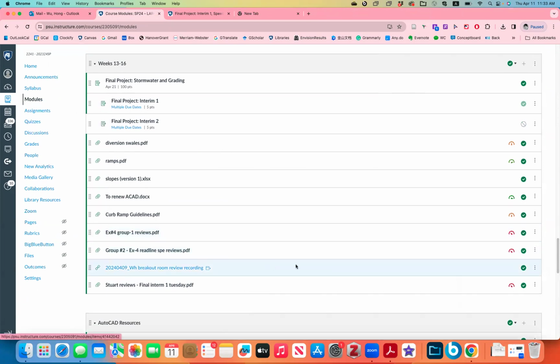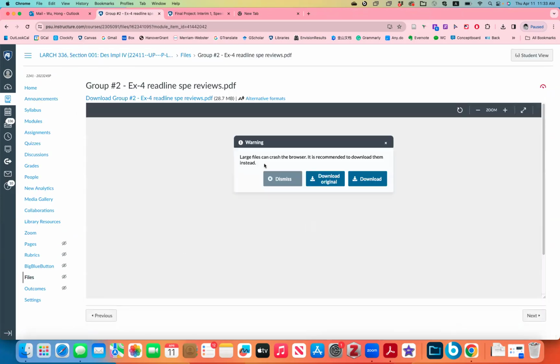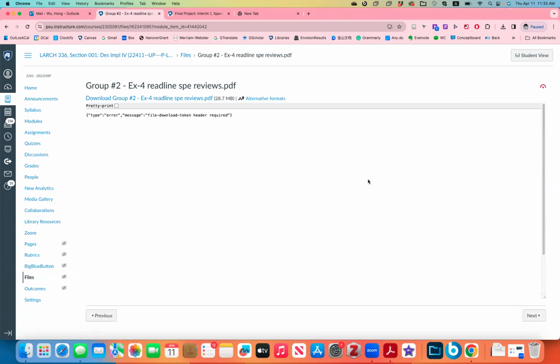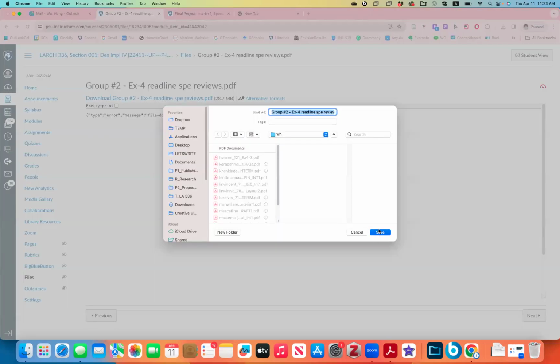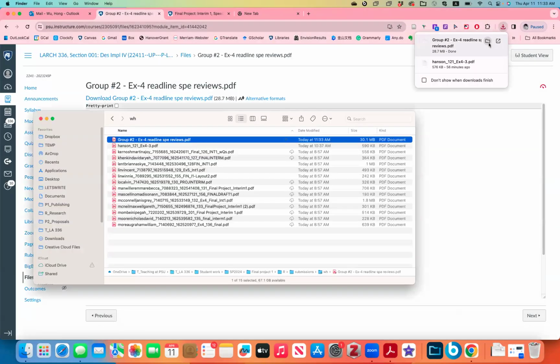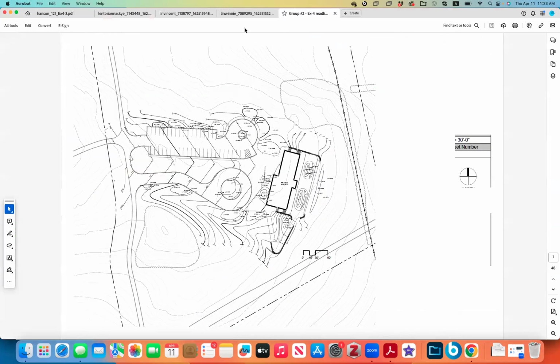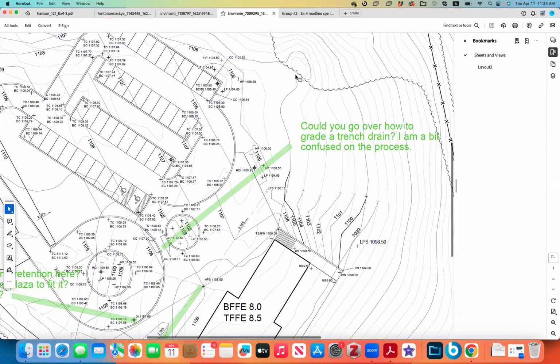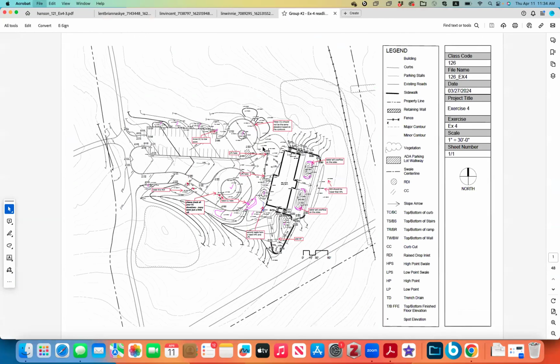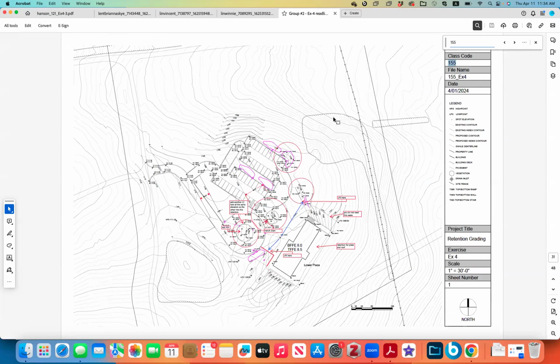Group 2, right? This is number 155. Quite a big file. Okay.